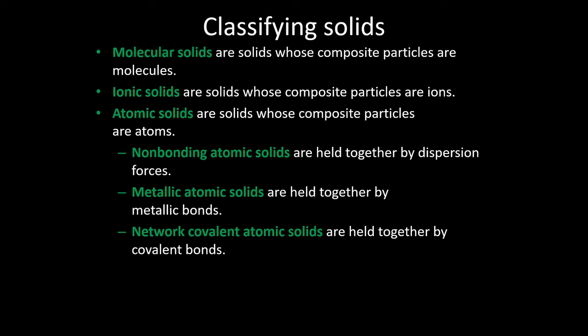But there actually are a few different kinds of atomic solids that you've probably not heard about or not have pointed out to you. We can have non-bonding atomic solids where the material is only held together by dispersion forces. So these are materials that would only exist at extremely cold temperatures for the most part. Some are not quite that way, but for the most part. Metallic atomic solids are very, very common.